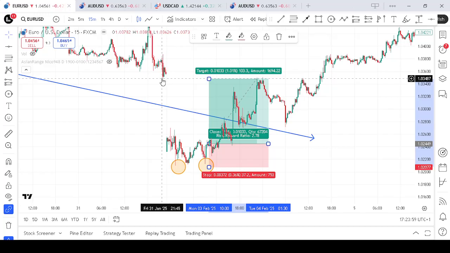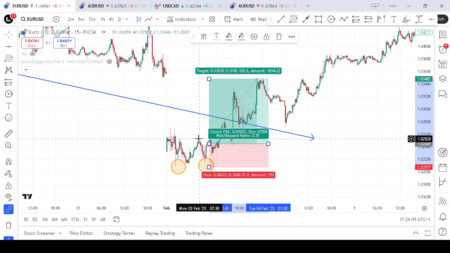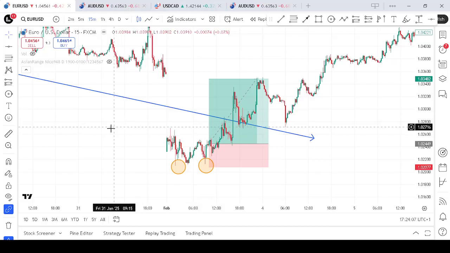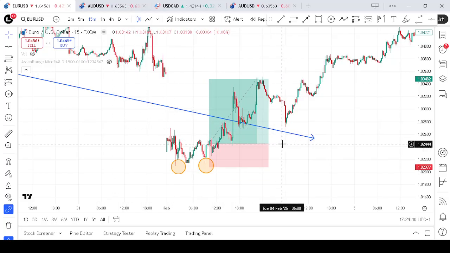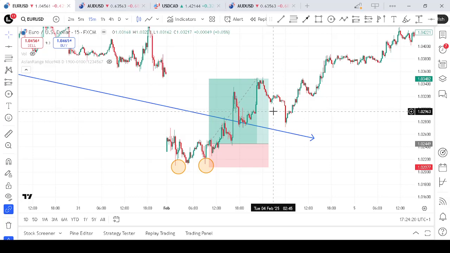You can exit at such an area, or you can exit by taking partials, like I explained in the previous example, where you take partials and put your stop loss above your entry while price keeps going, so that you can lock in some profits. It is also called trailing stops. That way you can lock in a lot of profits while price moves in your favor, to allow you to capture larger gains while protecting yourself from sudden reversals.